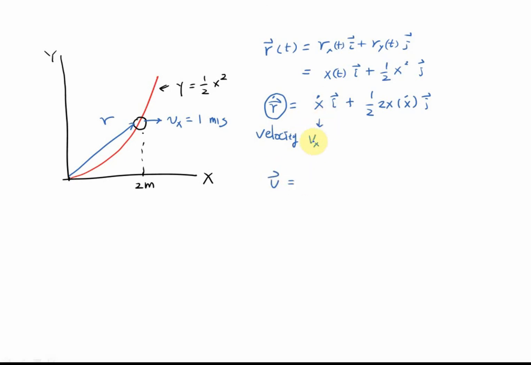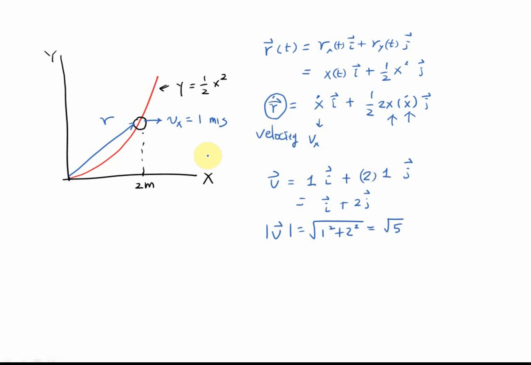Your x component velocity was given as 1, and then x is your position, so this is 2 meters, times the x velocity, which is 1. So basically this is i plus 2j. So the velocity magnitude should be the square root of 1 squared plus 2 squared. That's why this is the square root of 5.